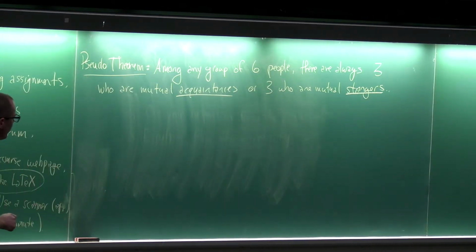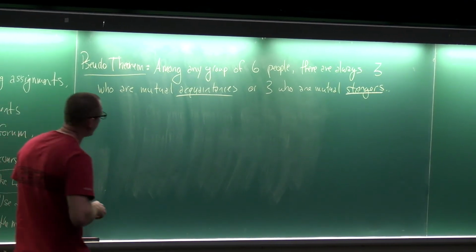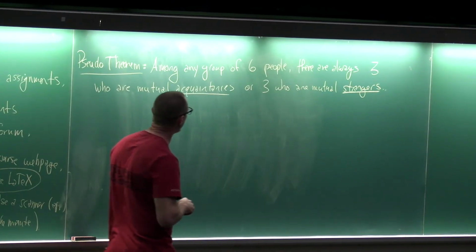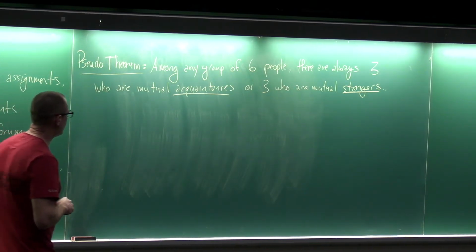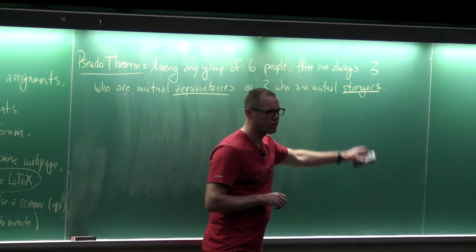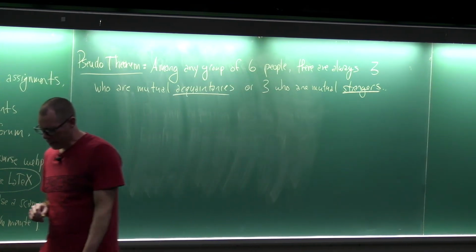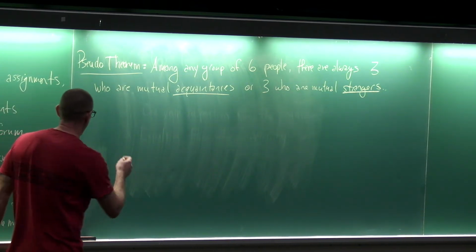So this looks something like a mathematical theorem, except there's a bunch of things that we haven't defined. What exactly are people? We don't know what that is. But more importantly, what does it mean to be acquaintances, and what does it mean to be strangers? Okay. So underlying this, here's what we're going to say.